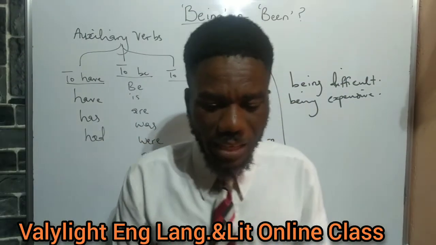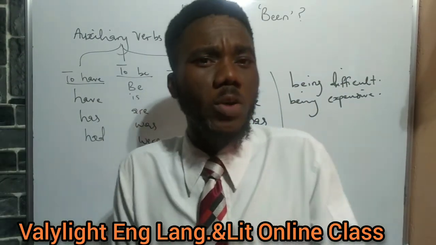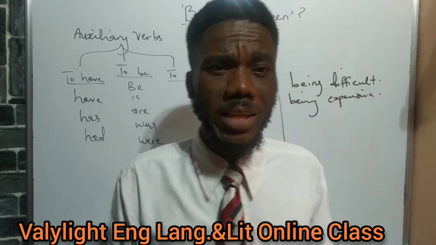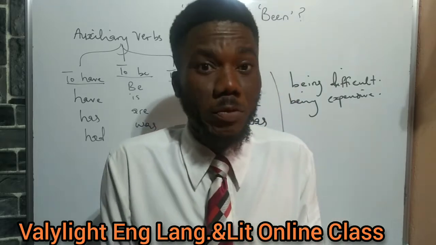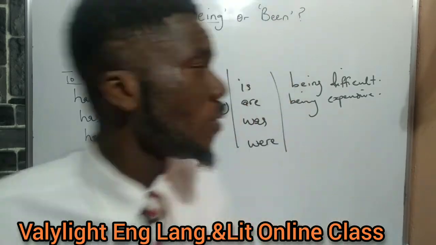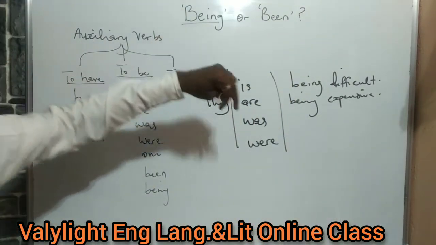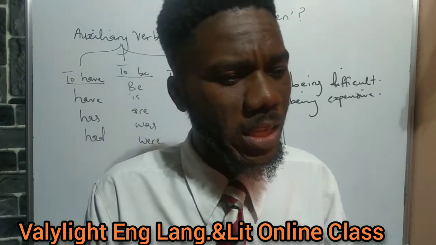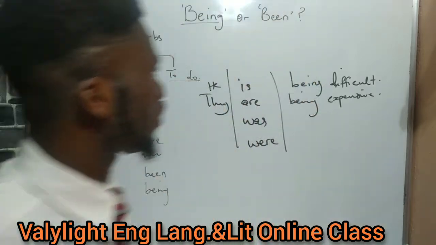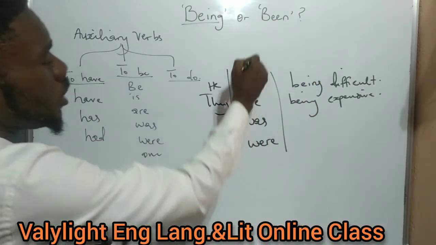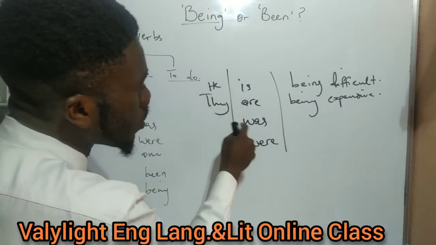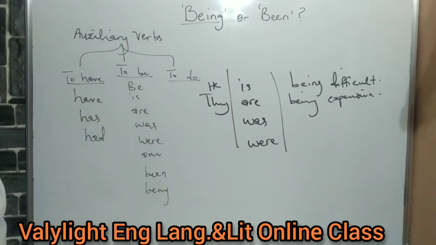It means that his being difficult is a continuous thing. It is progressive. This action is still happening. His state of being difficult is still in progress. Therefore, this being is used when the action or the state you're talking about is continuous. It is still happening. It is still being prolonged. This is when you make use of this. It must go with one of these, either is, are, was, or were.